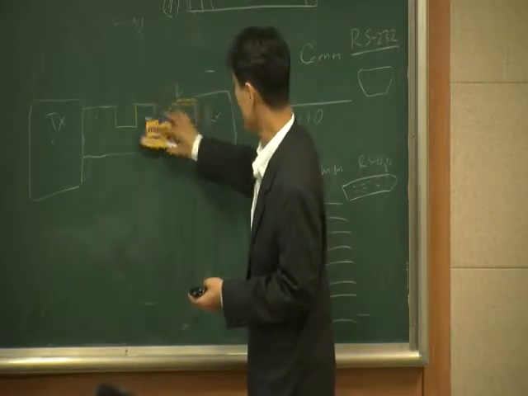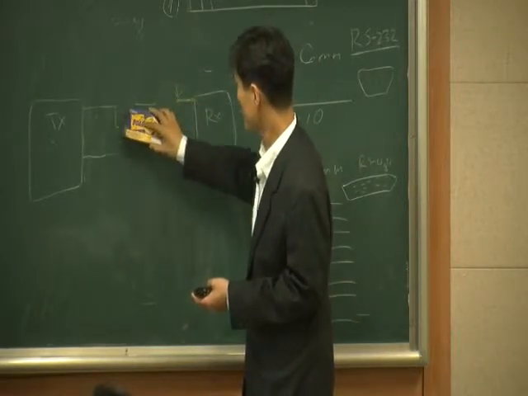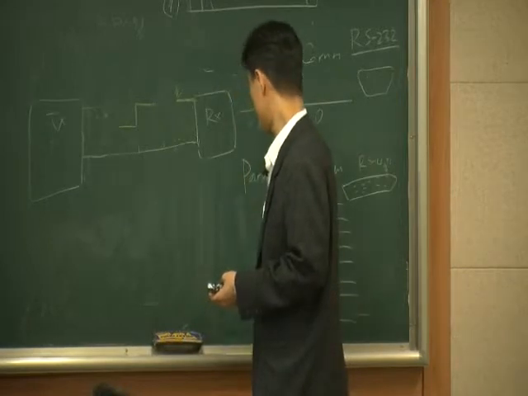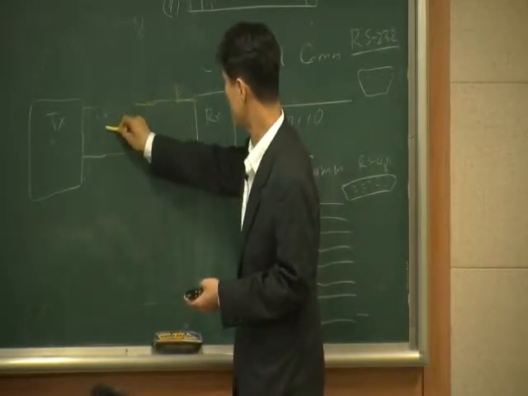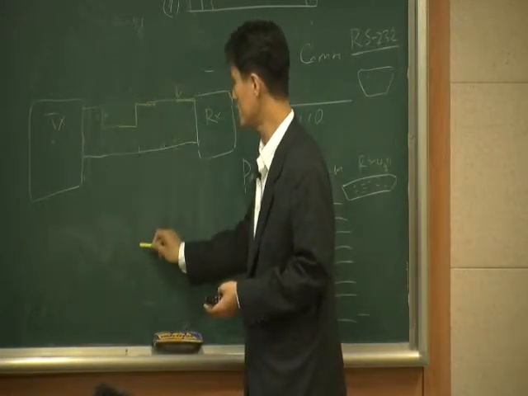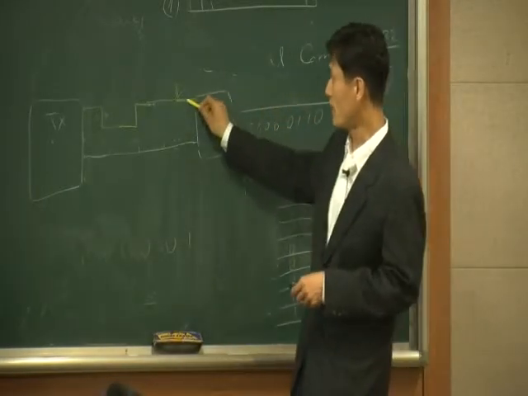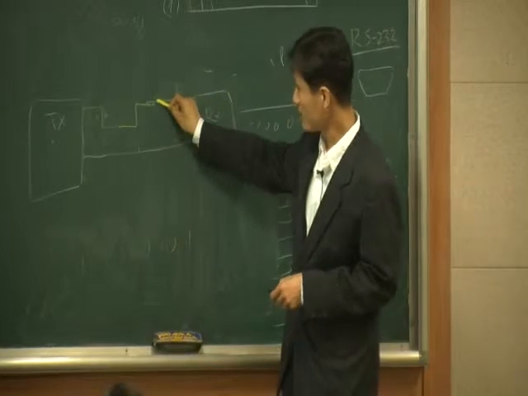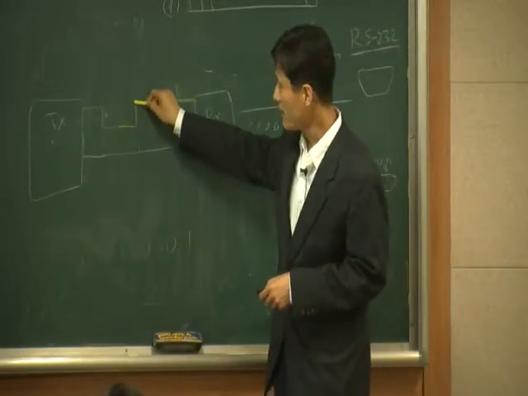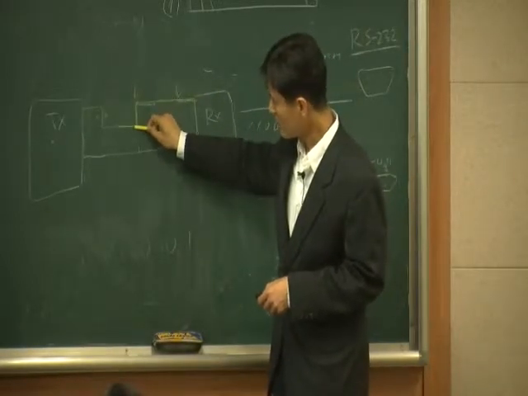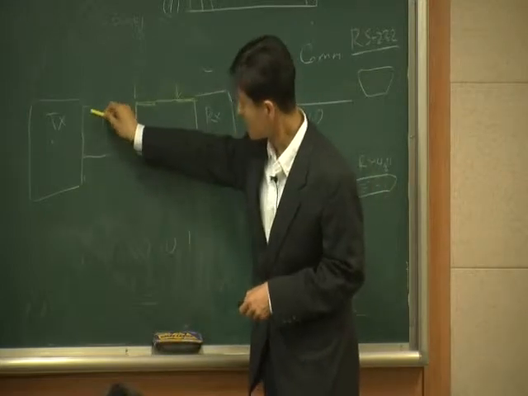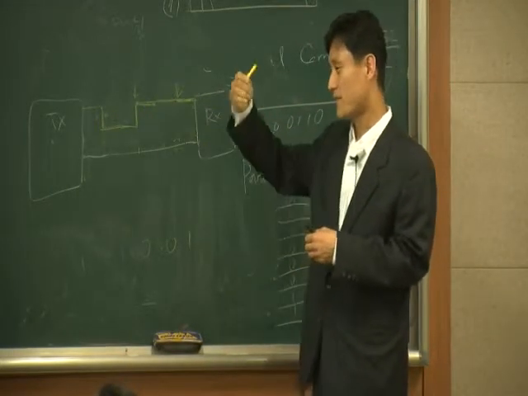But let's say, as another example, I want to transmit 111001. In this case, I have a 1 and still 1, and now it drops to 0, and again 0, 1. In this case, it's not like up, down, up, down.